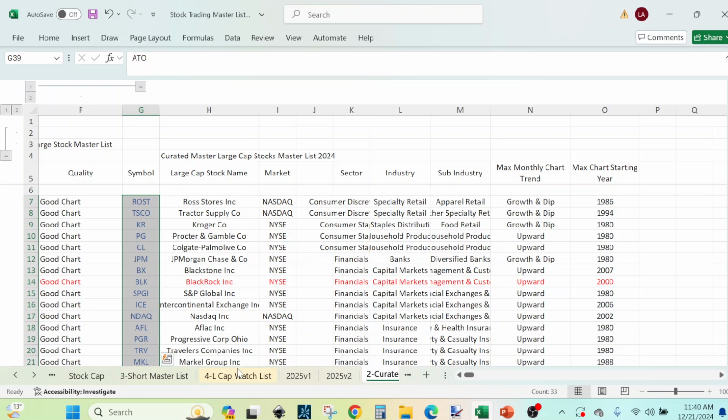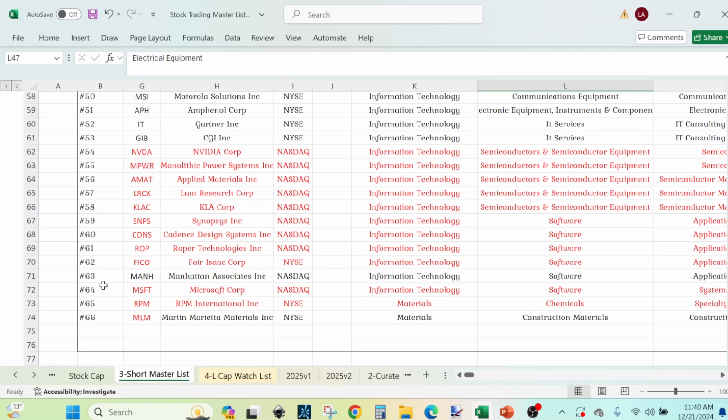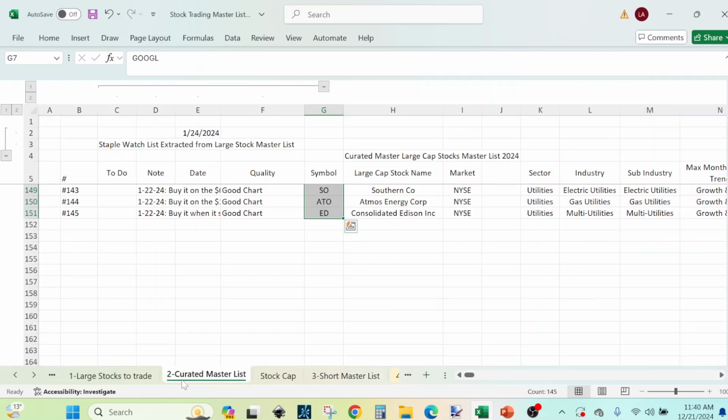and that's what we did for our existing watch list. Our existing watch list was a watch list of 66 stocks that we pulled from that same list at the beginning of the year and traded during the year.